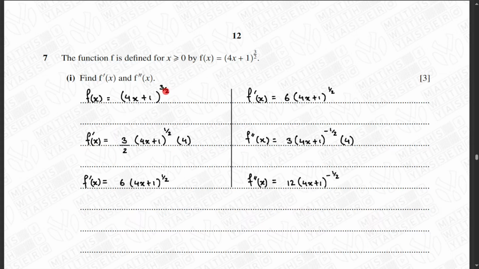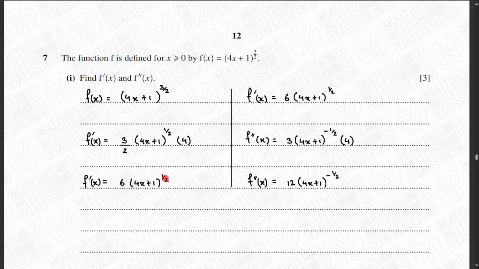So this will become 3 over 2 times 4x plus 1 to the power 3 by 2 minus 1, which gives us half. And if we differentiate the inside, we get 4. Simplifying this, we get 6 times 4x plus 1 to the power half.